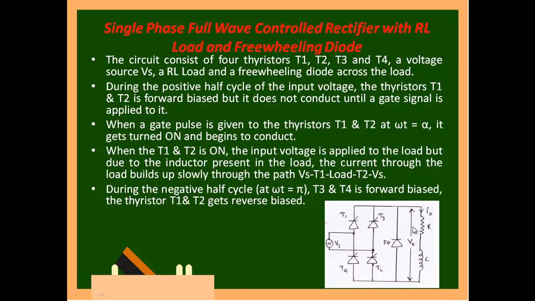When I circulate the current in this path, there is nothing to turn these devices off, and automatically these two go to off. So that is called freewheeling. Freewheeling is nothing but not letting the current go to the input side; rather, it circulates.